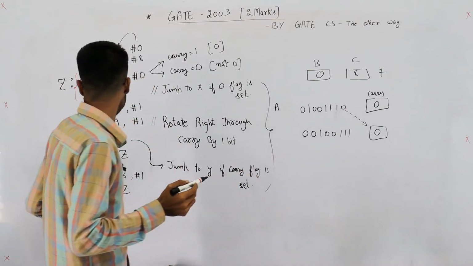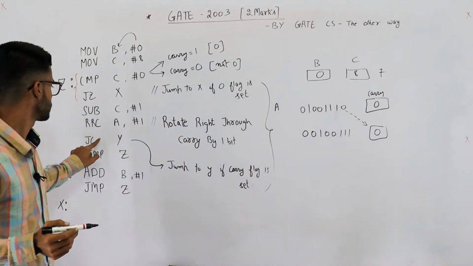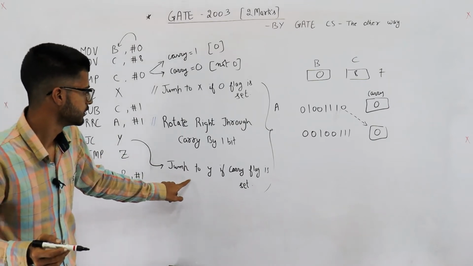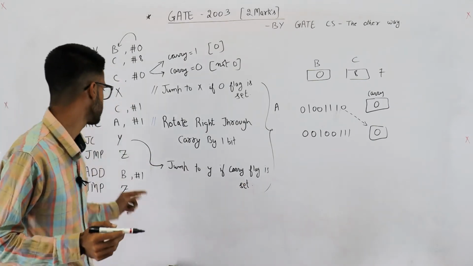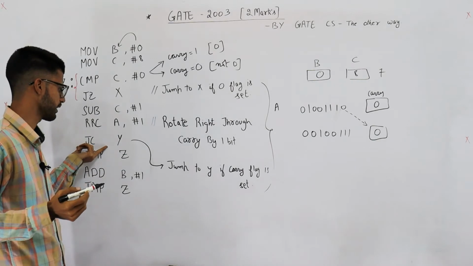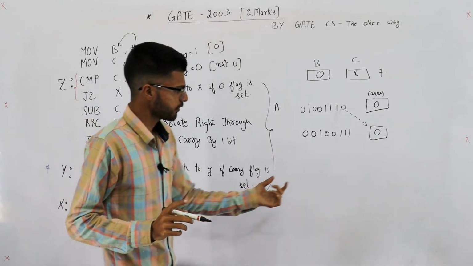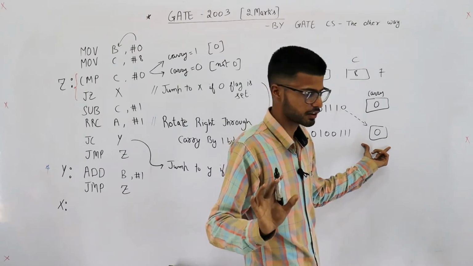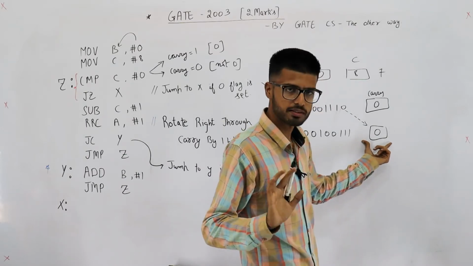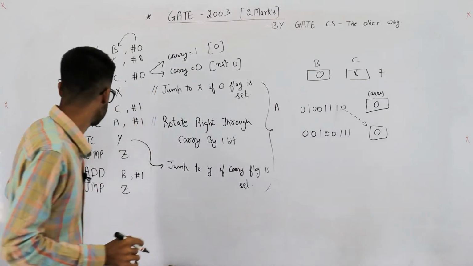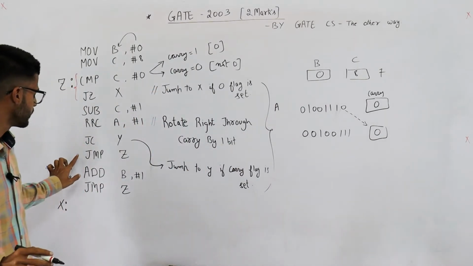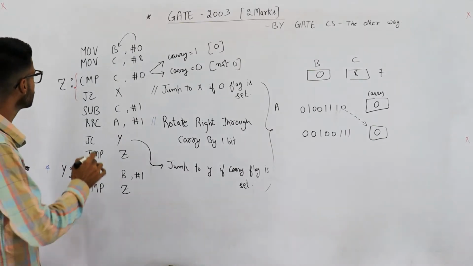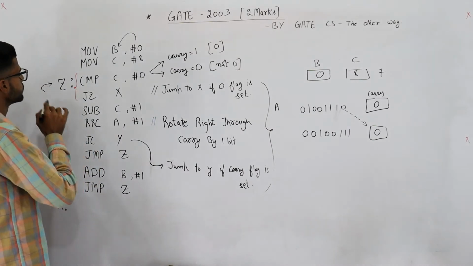Now you see JC Y. JC is jump to Y if the carry flag is set. JC simply means jump if carry. The carry flag is 0 and we only need to jump if it was 1. So 0 means don't jump. That means this line can be skipped. Next one is JMP Z. It means we come back here again.